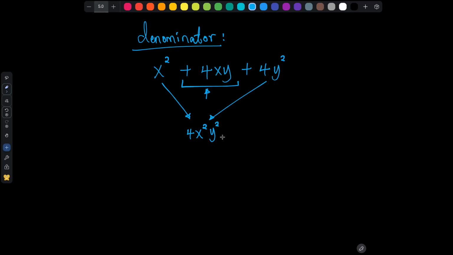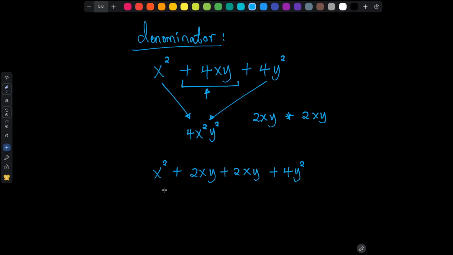In this case, two such terms are 2xy and 2xy, so that when you multiply them, we get 4x squared y squared, and when we add 2xy and 2xy, we get the middle term of 4xy. So the middle term now becomes 2xy plus 2xy, with 4y squared to its right and x squared to its left.